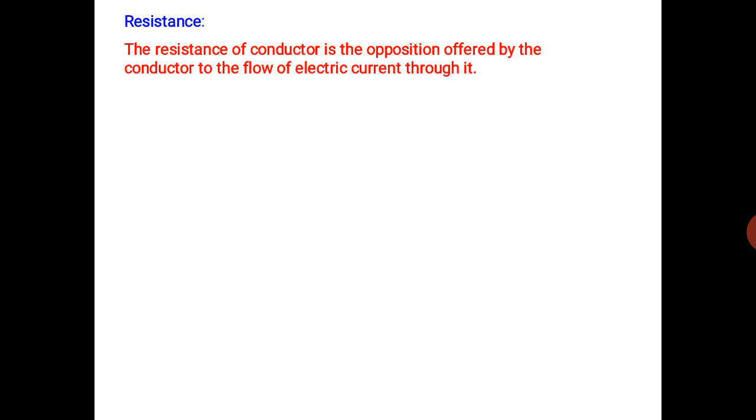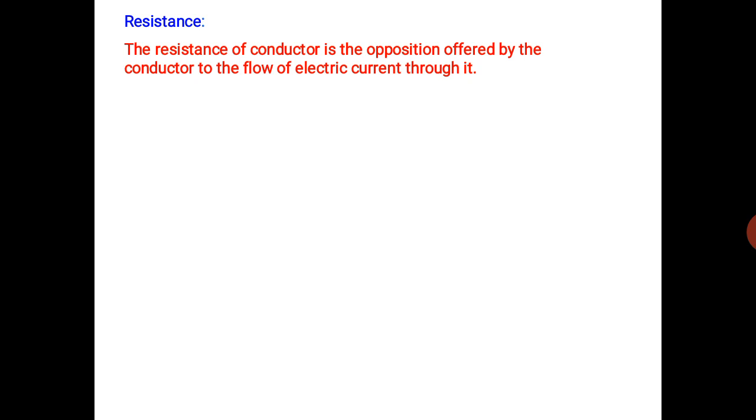Let us discuss the term resistance. What is resistance? Resistance means opposition to the flow of electric current. The electrical resistance of a conductor is the opposition offered by the conductor to the flow of electric current through it.